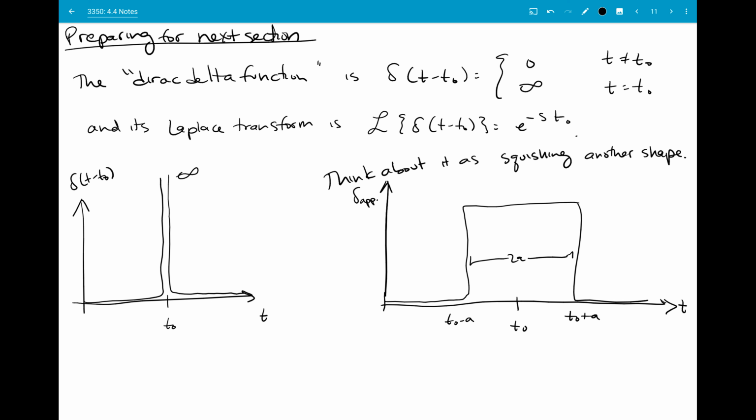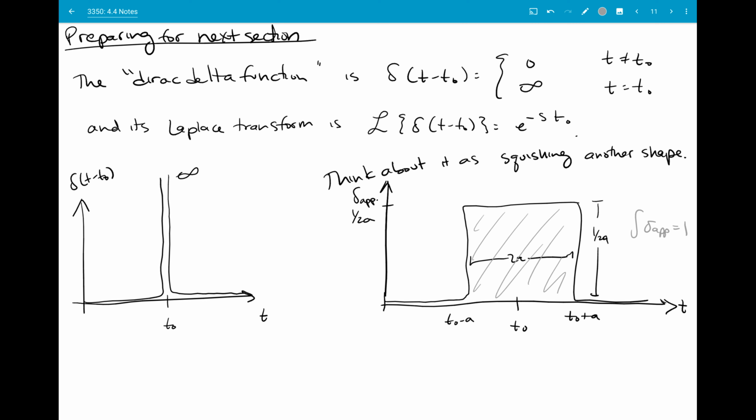So there's some distance a before t0 and after t0 where this little box happened, and then it goes up to height 1 over 2a. So the integral of delta approx would just be 1. The area under the curve of that box is 1.